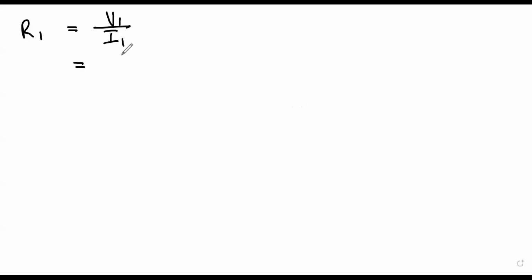The potential difference is given to us as 15 volts, and the current is given to us as 3 amperes, right? So this means that the resistance of the resistor R1 will just be 5 ohms, all right?